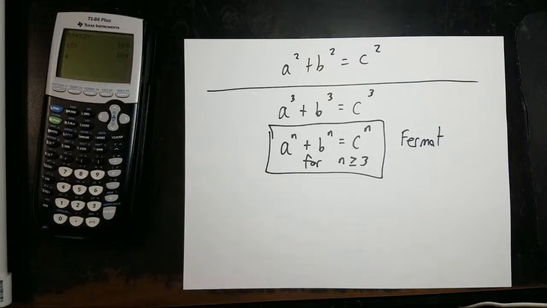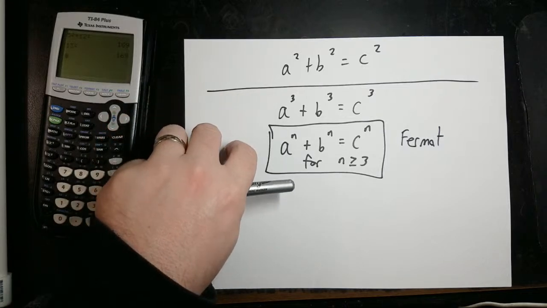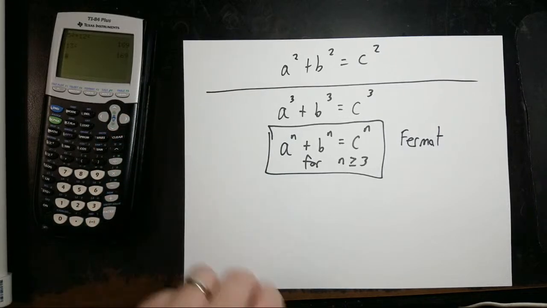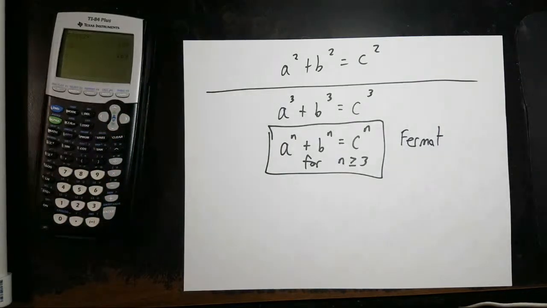He had written all over the margins of the book, kind of making his little mathematical notes. So he wrote that in the margin, that he had a solution, but it's too big to fit into the margin. No one ever found his solution.